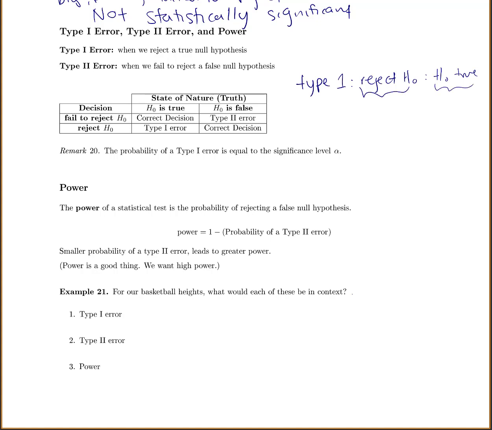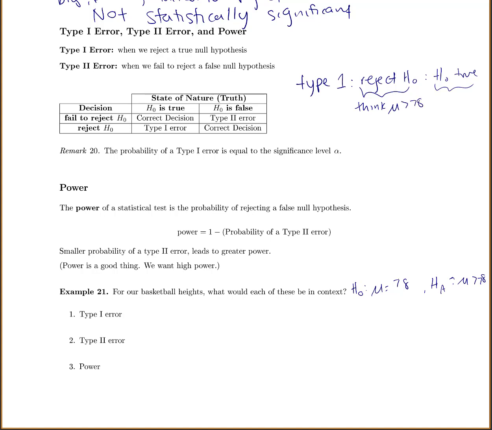For our basketball heights, if you remember, the null was that mu equals 78. The alternative is that mu is greater than 78. So if we reject the null, that means we're going for the alternative. So we think that the mean is greater than 78.